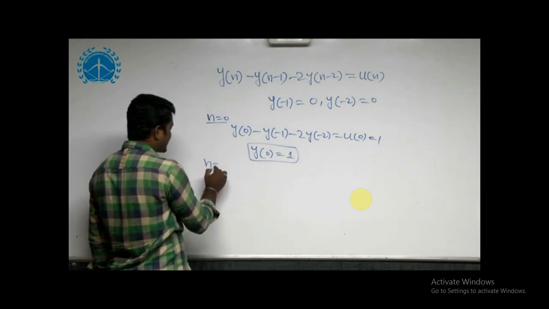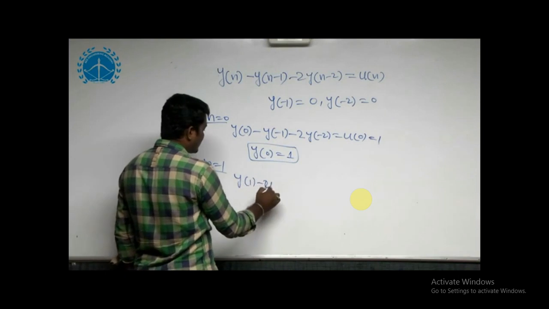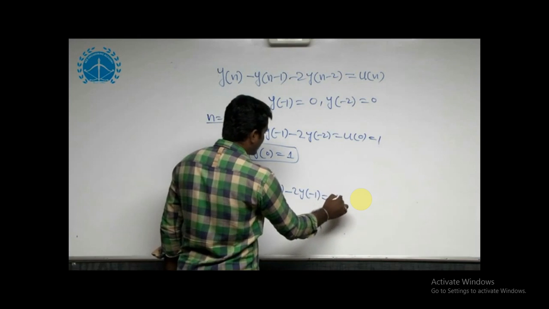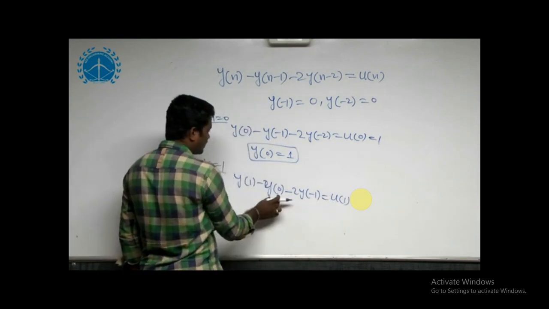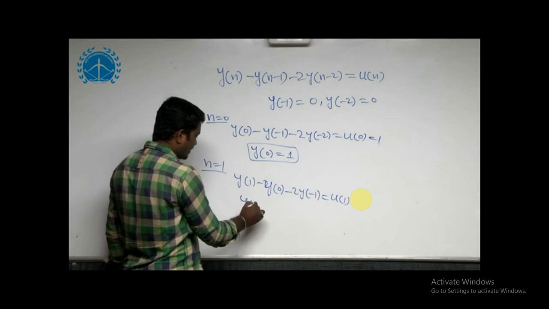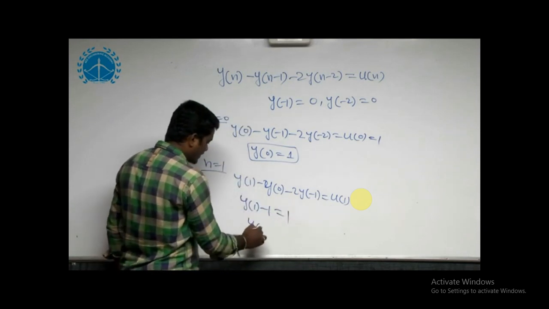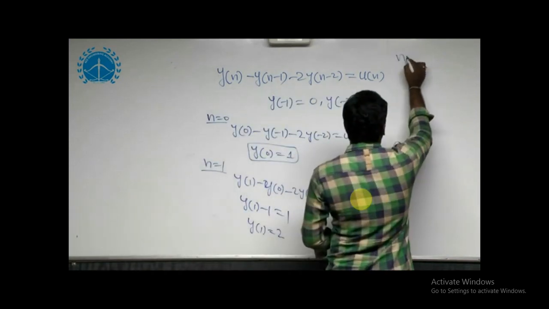Next, let us substitute n equal to 1. Y of 1 minus y of 0 minus 2 y of minus 1 is equal to u of 1. Given that y of minus 1 is 0 and y of 0 is 1, y of 1 minus 1 is equal to u of 1, which is also 1. So y of 1 is equal to 2. Next, substitute n equal to 2.